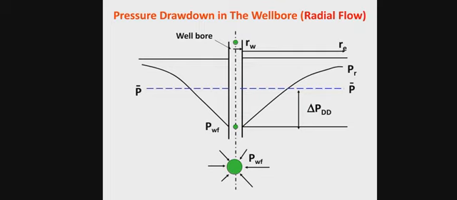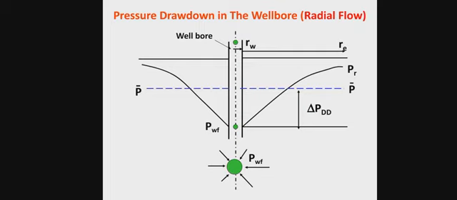Because there is the natural or the initial pressure of the reservoir, and once you have introduced the casing and you start producing, due to the flow of the hydrocarbons or the oil from the reservoir to the production line, there is a gradual drop of the pressure from the reservoir to the well bore.